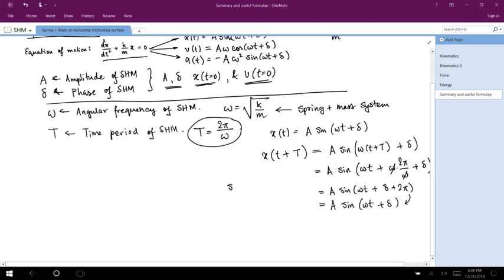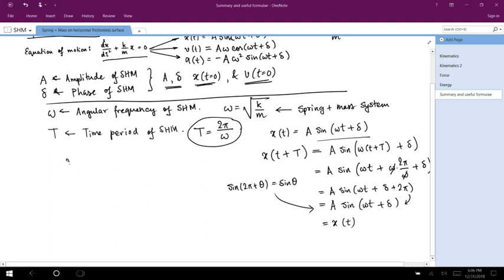How do we get that? We know that sine of 2π plus some angle θ is equal to sine of θ. We applied that to get this relationship. But notice that A sin(ωt + δ) is what we started with, so that is equal to x of t.